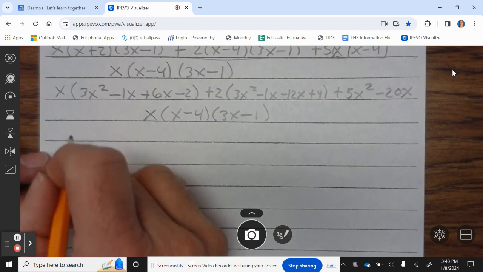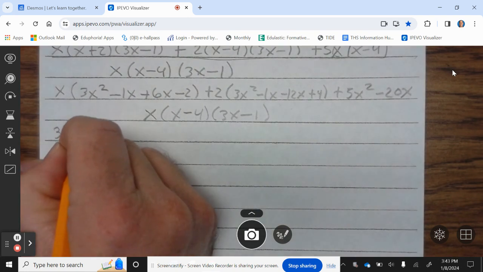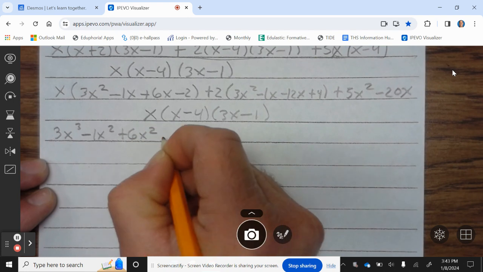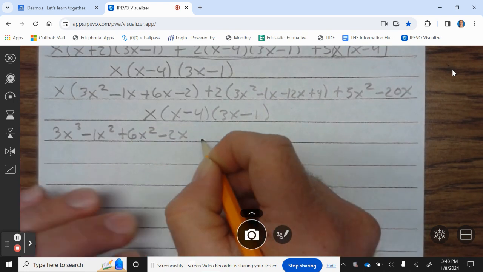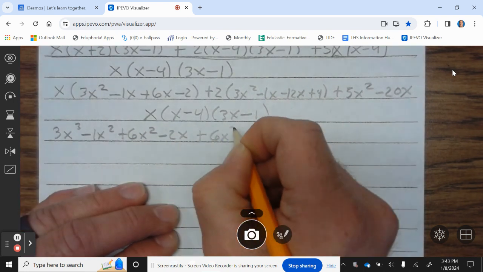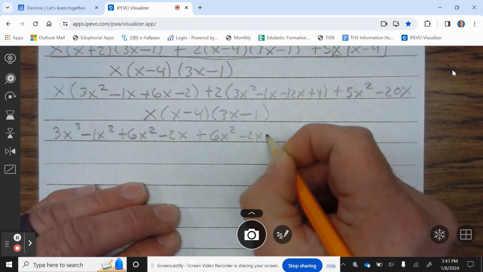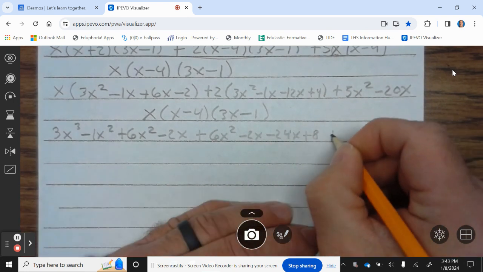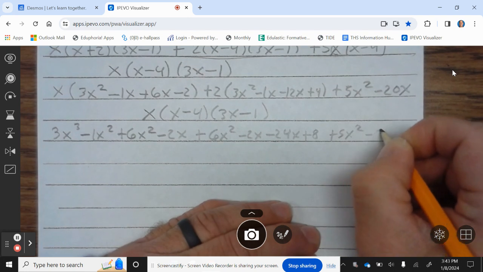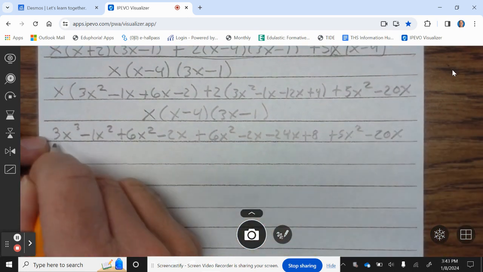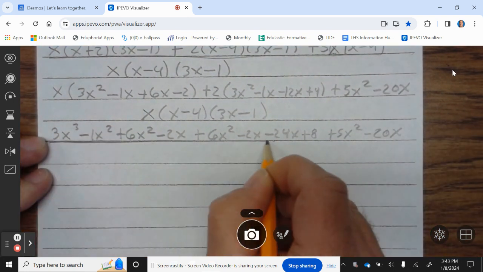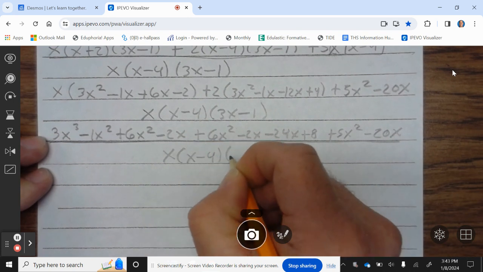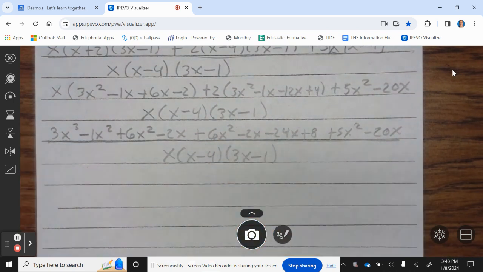So now we distribute the x, so that becomes 3x cubed minus 1x squared plus 6x squared minus 2x plus 6x squared minus 2x minus 24x plus 8 plus 5x squared minus 20x, divided by x times x minus 4 times 3x minus 1.